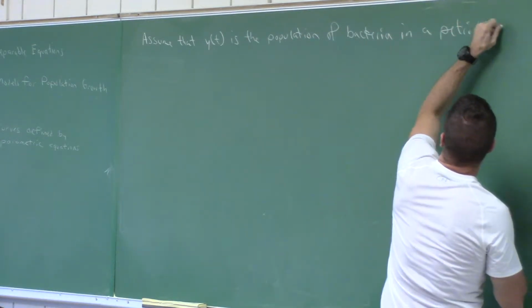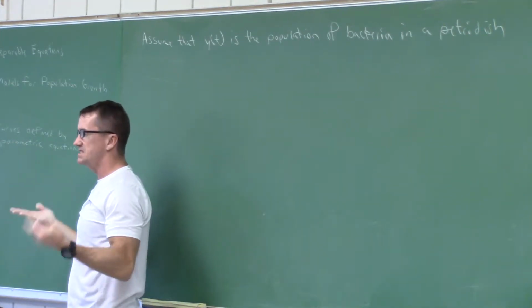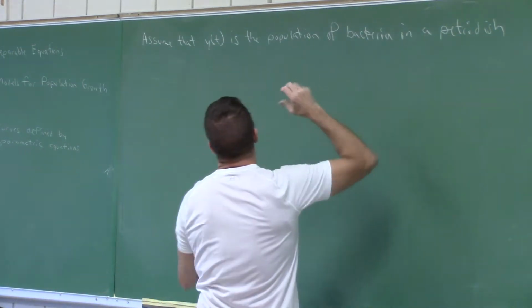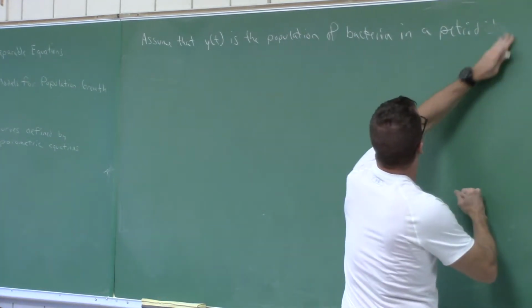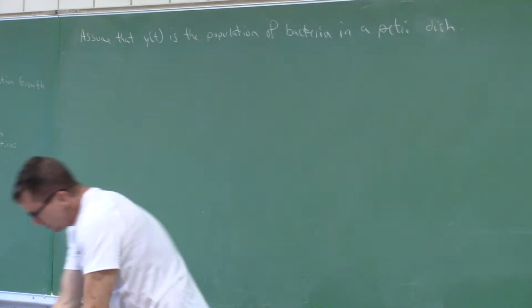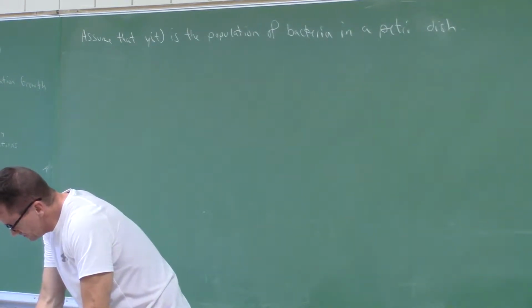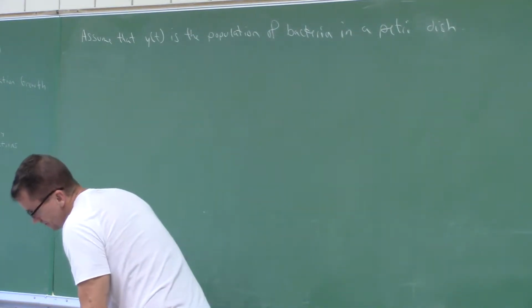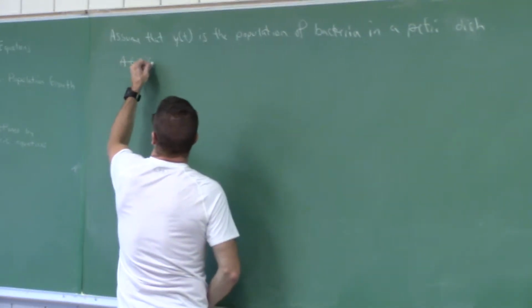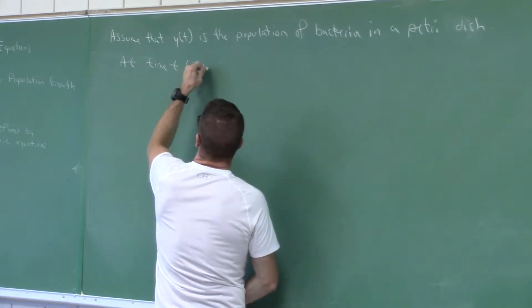I do want to point out we've just entered section 9.4, but it's going to seem like you're still doing something from 9.3. All right, but assume that y of t is a population of bacteria in a petri dish. Time is in hours. Go with time t, that's in hours.